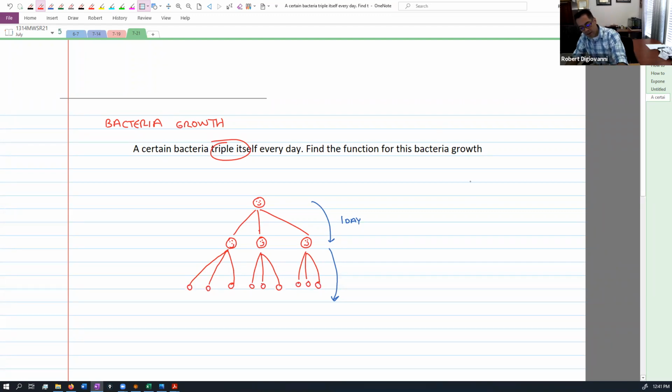I'm going to go on the side here and make a T table. This is the day. This is the bacteria. At day 0, which is when the experiment started, we had 1 bacteria. 1 day later, we had 3. 2 days later, we had 9. How many will we have on the next day? Each one of those triples now. So what will it be?